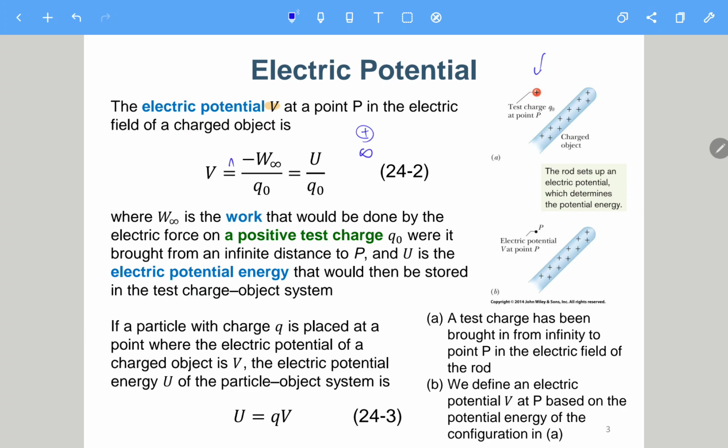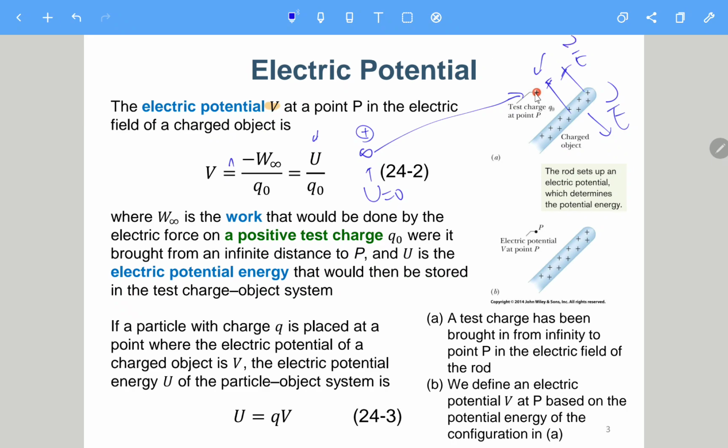Okay, so we will also define the potential energy there as U equals 0. If you place it nearby an E field, of course, we assume that this bar will generate the E field something like this.